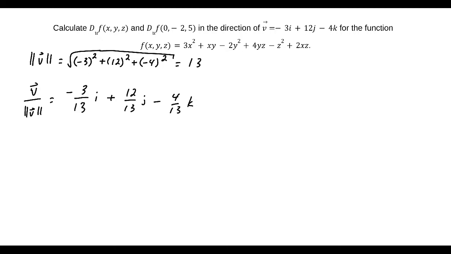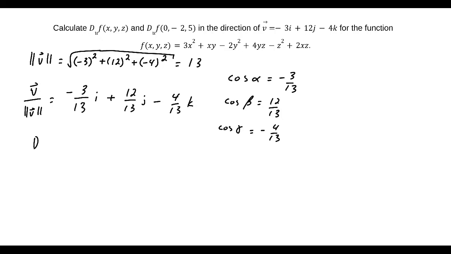This is a unit vector in the same direction as v, and it also gives us some other information. So we can say that cosine alpha is equal to -3/13 from the i component, cosine of beta is equal to 12/13 from the j component, and cosine gamma equals -4/13 from the k component.